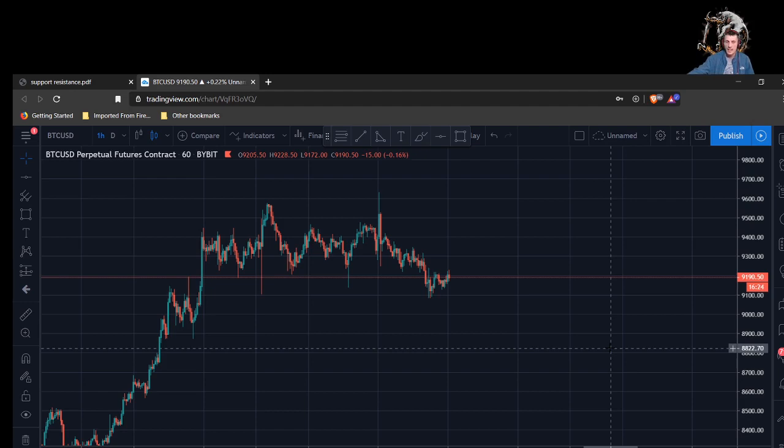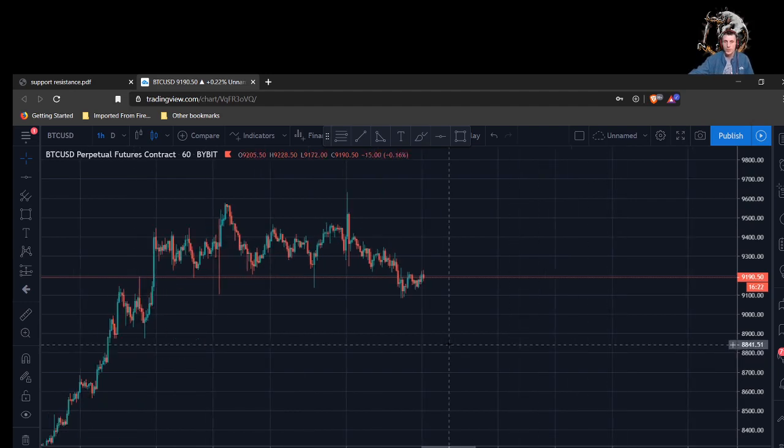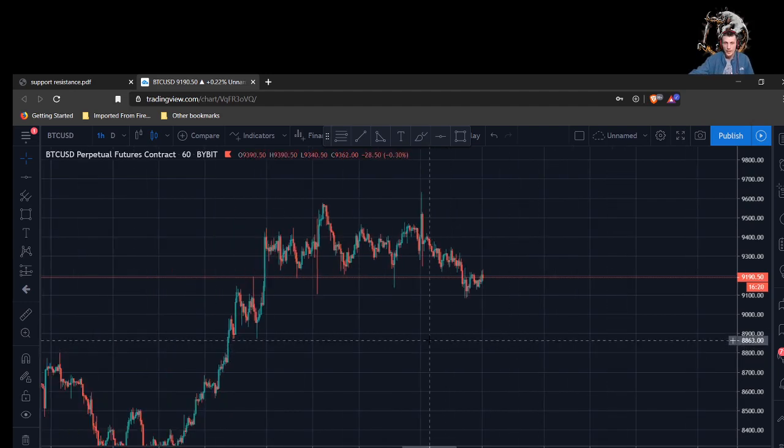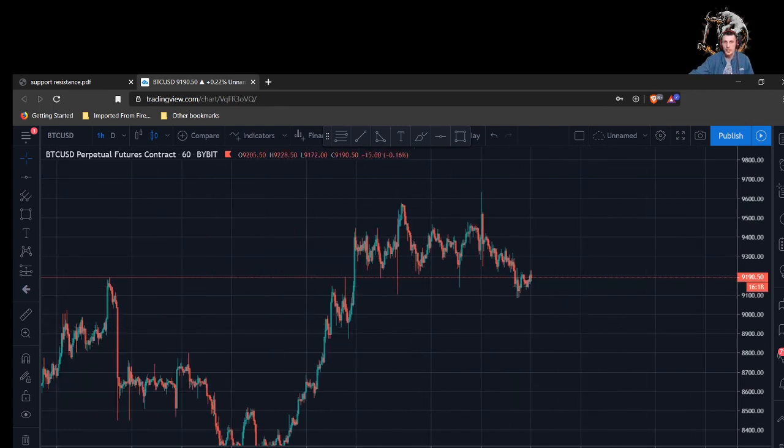Definitely something that you have to know and remember in order to be trading with the trend. Because remember, if you're trading with the trend, you will be in the trade for longer. The duration of your trade will be longer. If you're trading against it, you're not going to be in the trade as long. So your stops and everything will have to be adjusted accordingly.